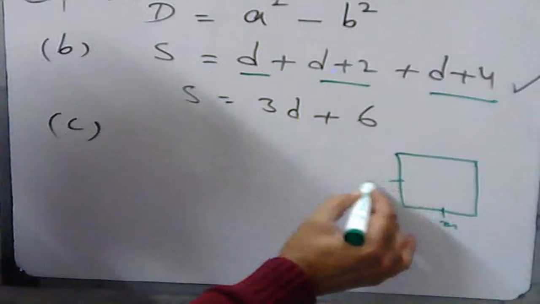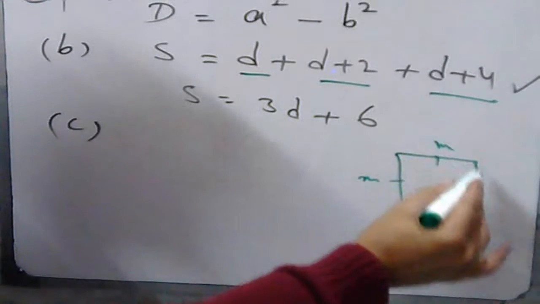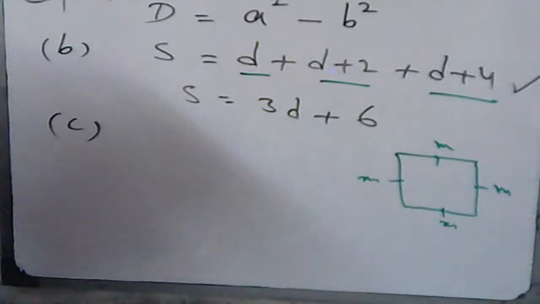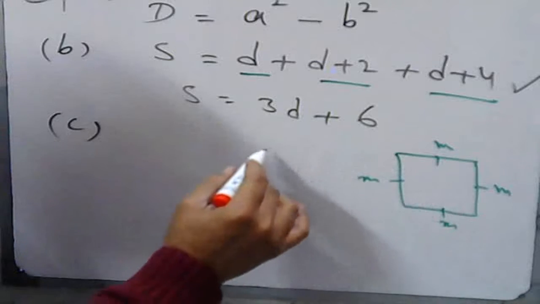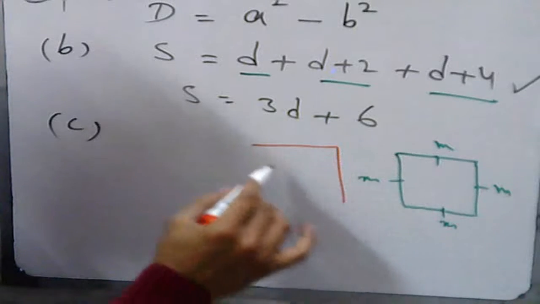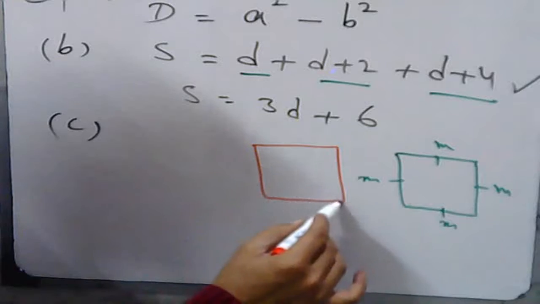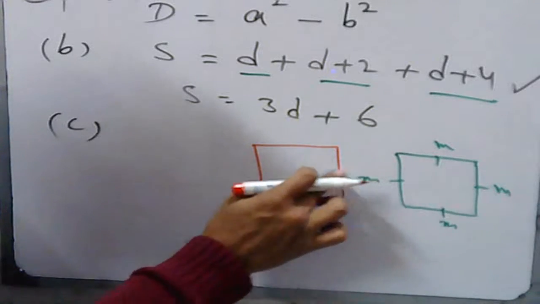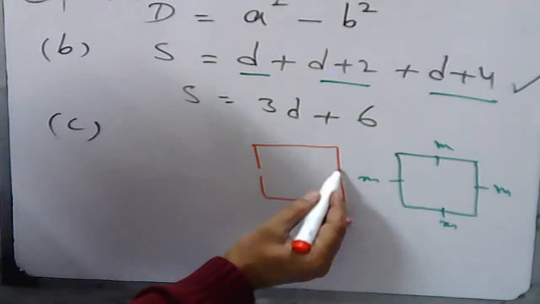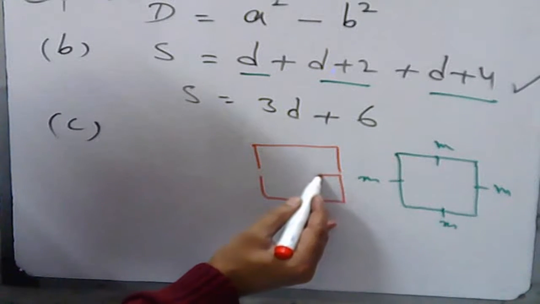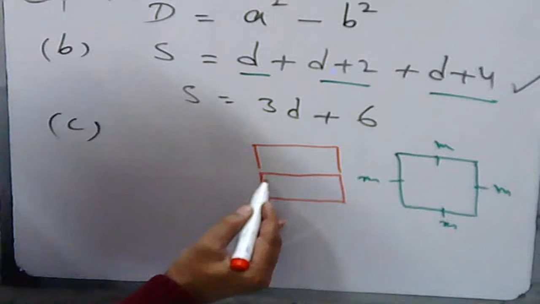Now we have to find the perimeter of this figure, but it has also been given to us that this square has two rectangles, and these rectangles are not overlapped. Suppose we draw the nearest rectangles: the first rectangle is this one and the second rectangle is like this one.